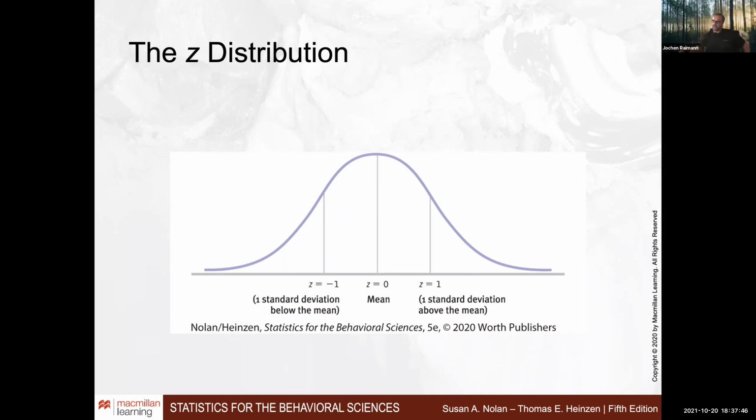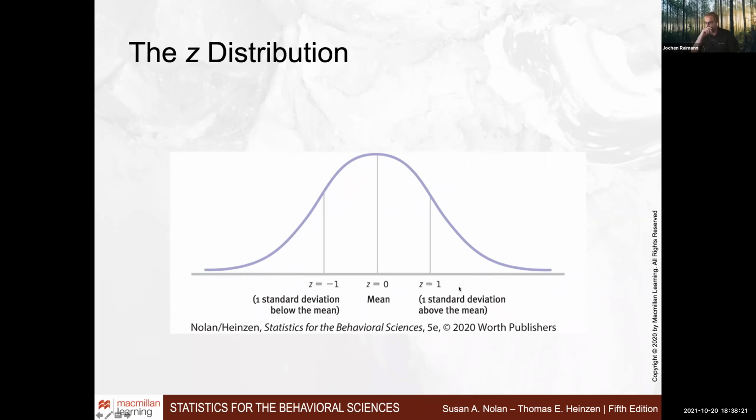What does that mean? If I have a blood pressure of 120 in my population as a mean, this is my mean. This is where z equals 0. If I have a standard deviation of 15, this is going to be 135, and this is going to be 105. So a z score uses the standard deviation to characterize every point on this entire x-axis.